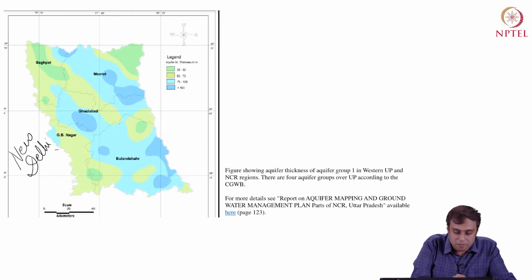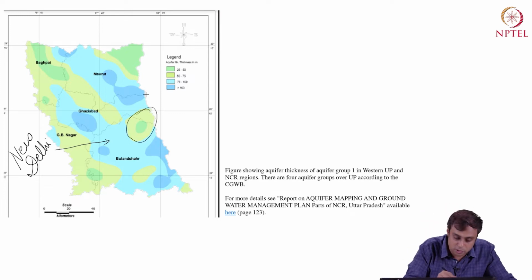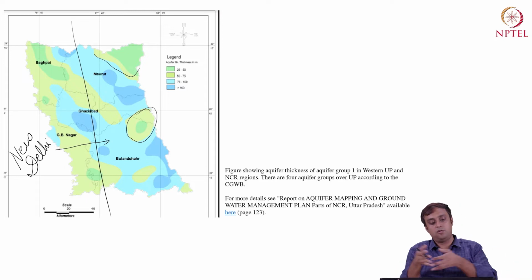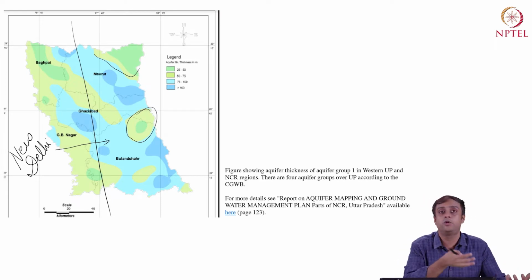But as we move eastward, there are very, very deep aquifers to be found. Of course, there are some patches of not so deep aquifers in the east as well. But largely, moving eastward, I have much more density of deeper aquifers than I have in the area that is proximate to New Delhi.